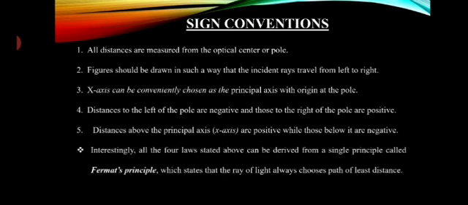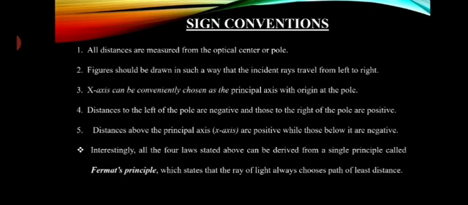Now all these laws can be stated or derived with the help of a single rule, which is called Fermat's principle. It states that light chooses the shortest distance to travel, that is the straight line path.